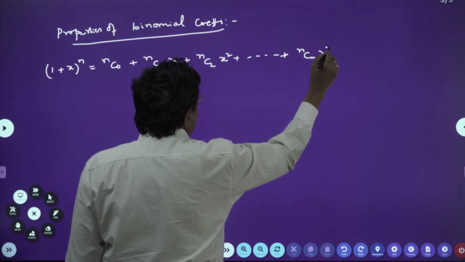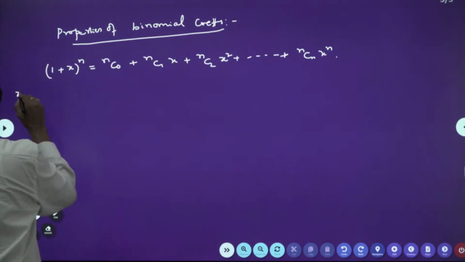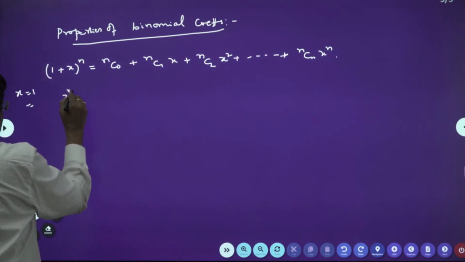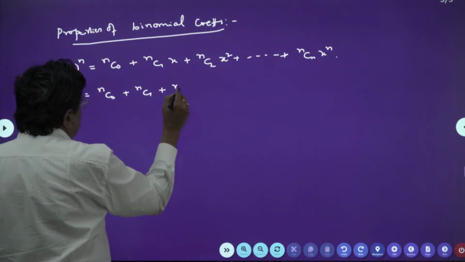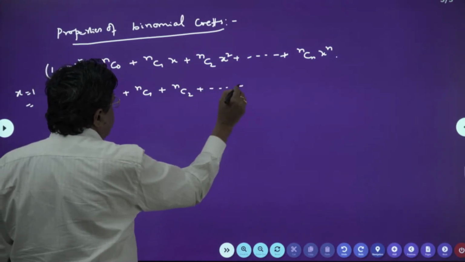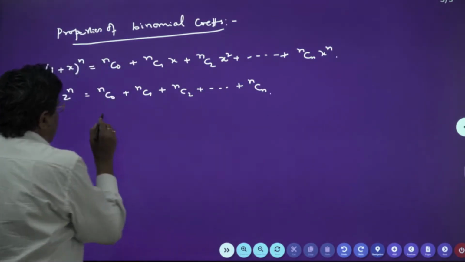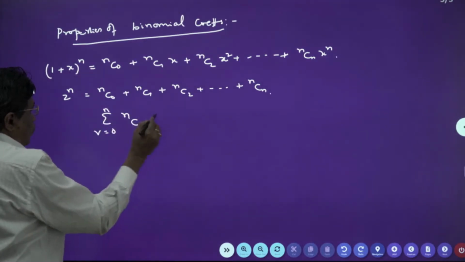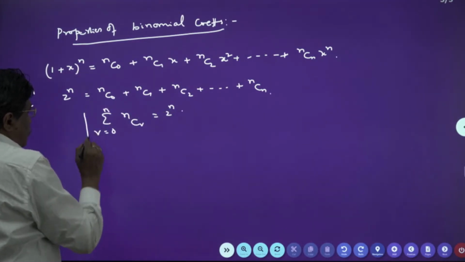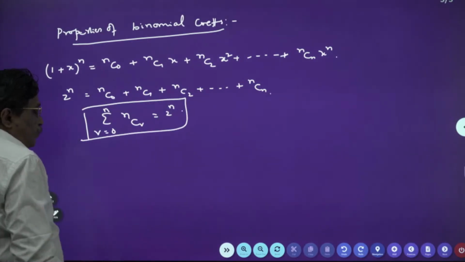Now, if I put x is equal to 1 in this, I get 2 to the power of n is equal to nC0 plus nC1 plus nC2 plus so on plus nCn. So which we write sigma nCr, r ranging from 0 to n is equal to 2 to the power of n. So, sum of all the binomial coefficients is this.